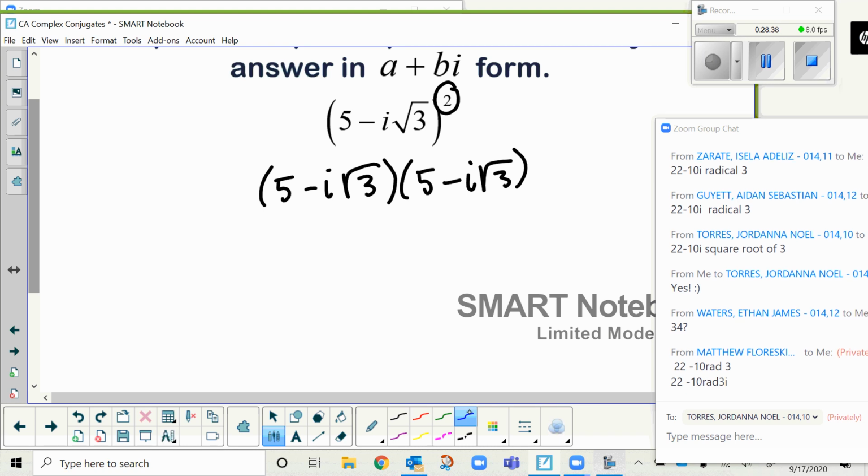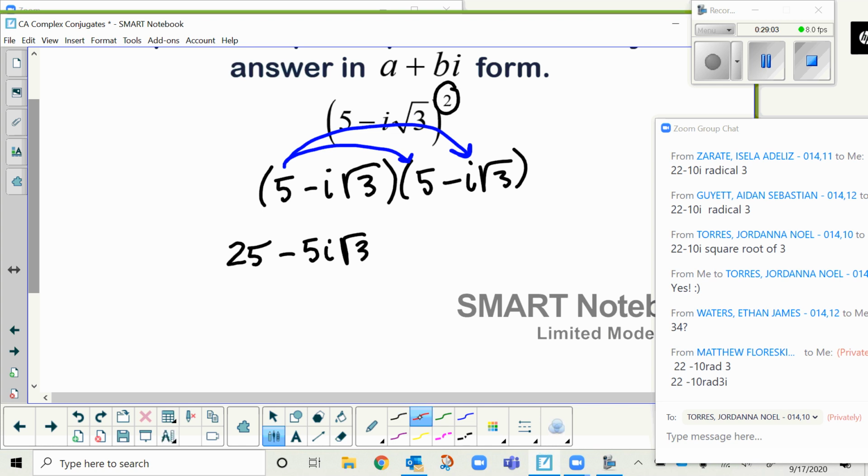So to do FOIL, yes, Matthew, that's right. We do the first terms, the 5 times 5, which is positive 25. And then 5 times that outside term is negative 5i rad 3.